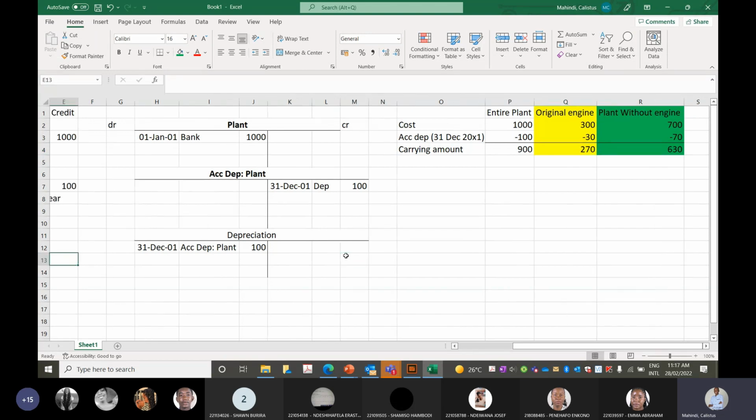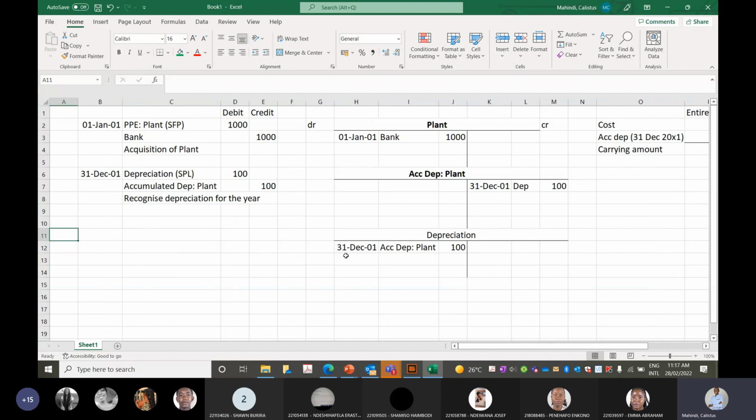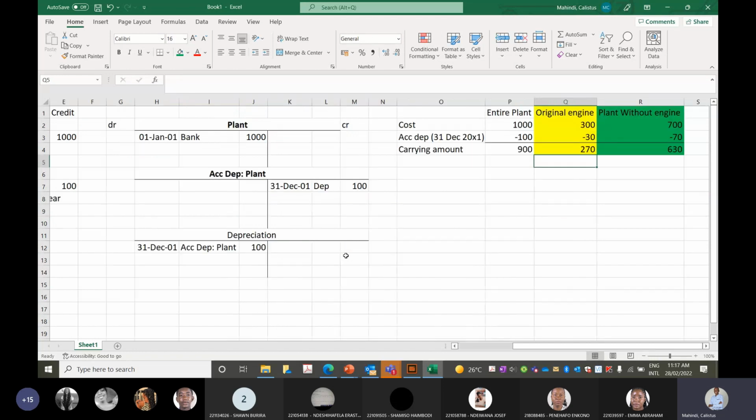So the journals for 20X2, on 1st of January 20X2, we're going to have to debit an impairment loss for that 270. This 270 that we're getting rid of is the carrying amount of the engine.